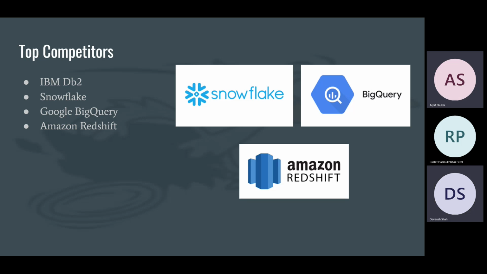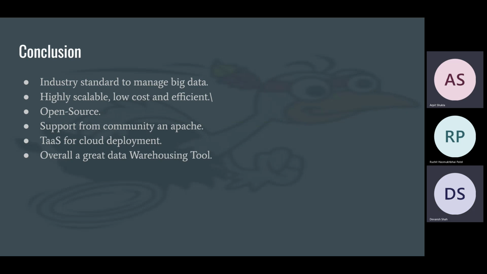So basically, these four are major competitors who perform very similar jobs to those done by Apache Tajo. In my opinion, these are the biggest competitors for Apache Tajo. Now I will hand over the presentation to Devansh.